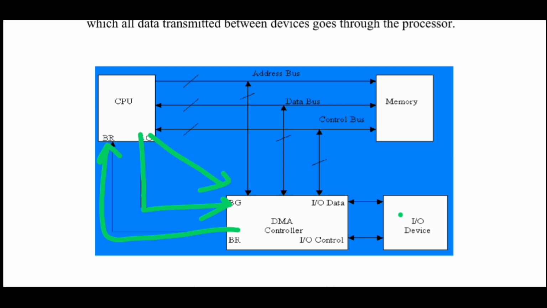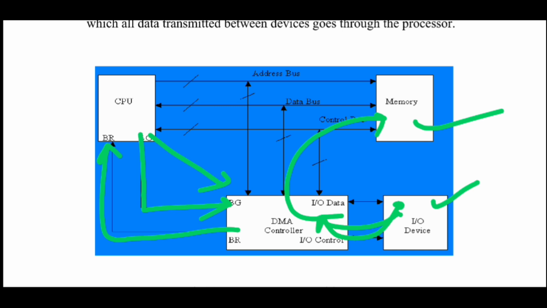Then the DMA controller uses the bus, and data is transferred from the IO device to the DMA buffer, and then from the DMA buffer to the IO buffer in main memory.